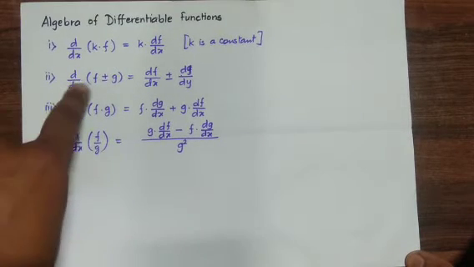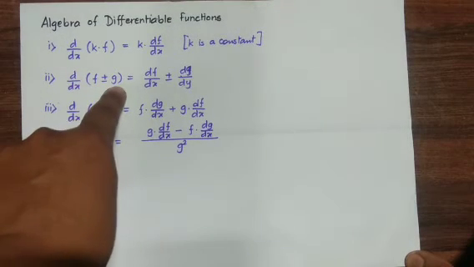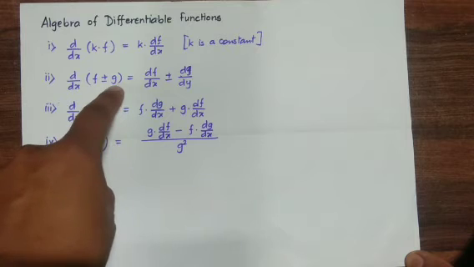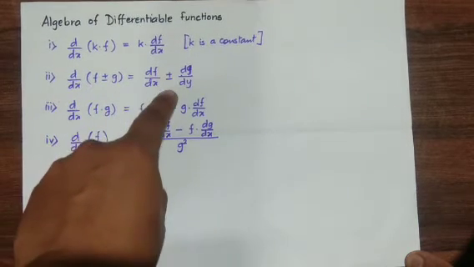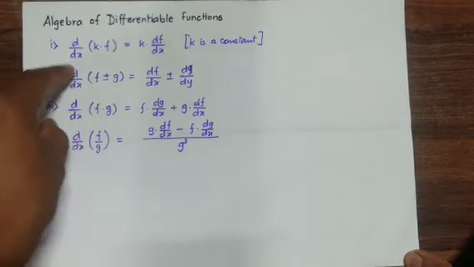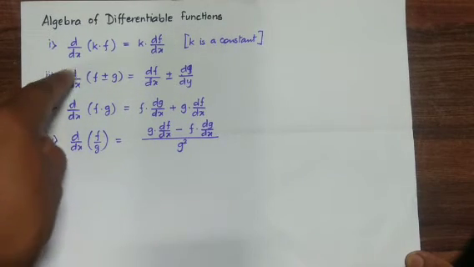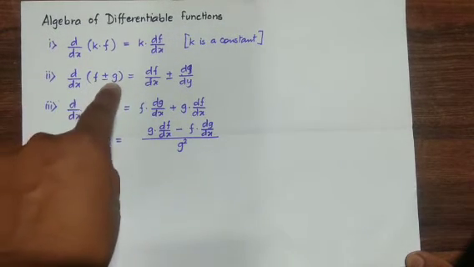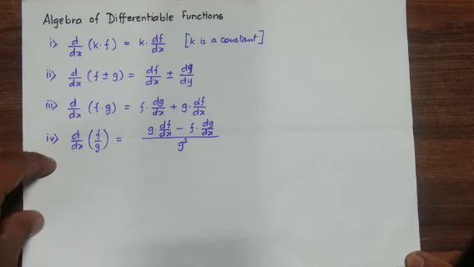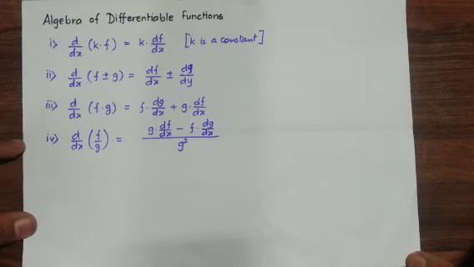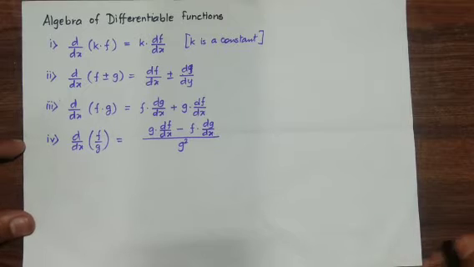Similarly, when you have f and g as two differentiable functions with a plus or minus sign, you can distribute the differentiation over f and g. Similarly this happens and this happens. I want everyone to note this down. Just pause the video to note down.